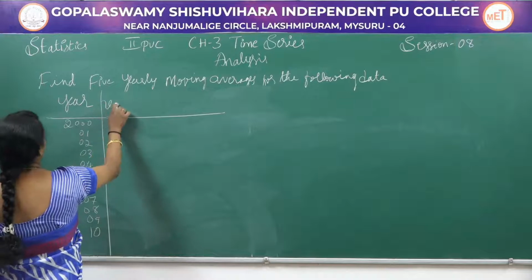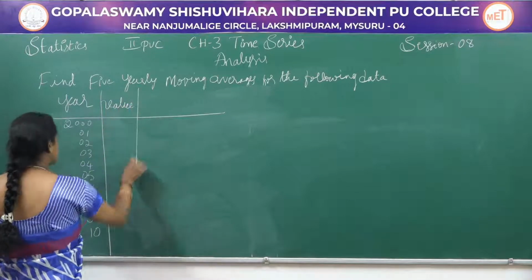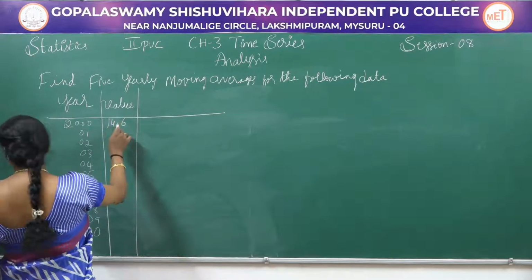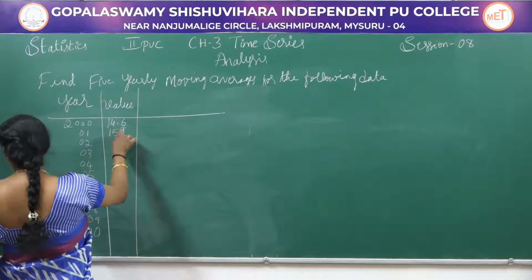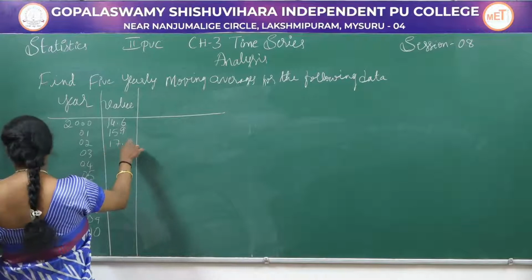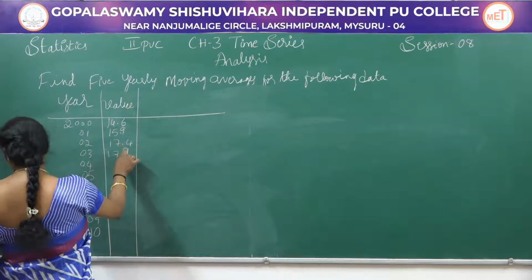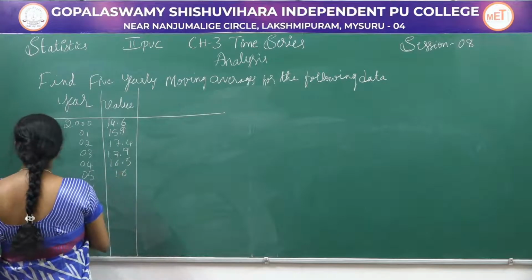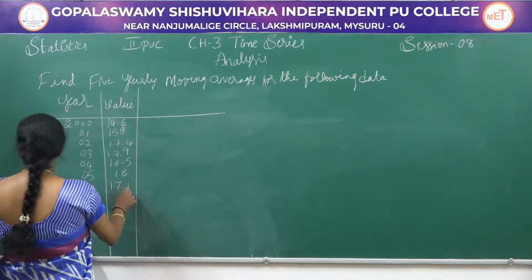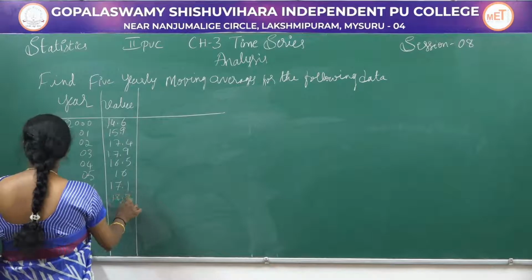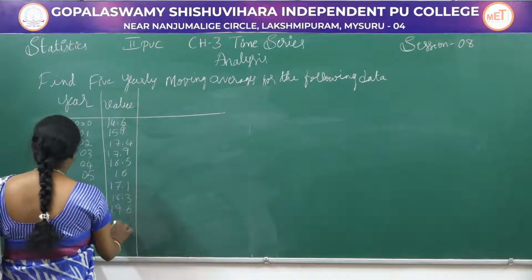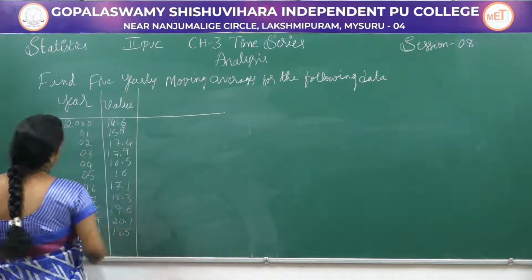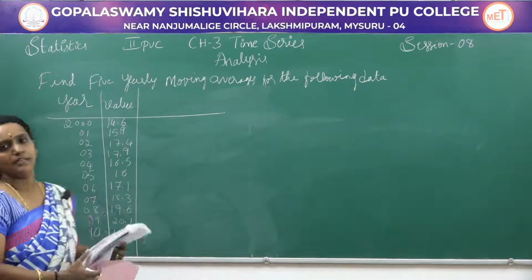The values are 14.6, 15.9, 17.4, 17.9, 16.5, 16, 17.1, 18.3, 19.6, 20.1, 18.5. So this is the data they have given.